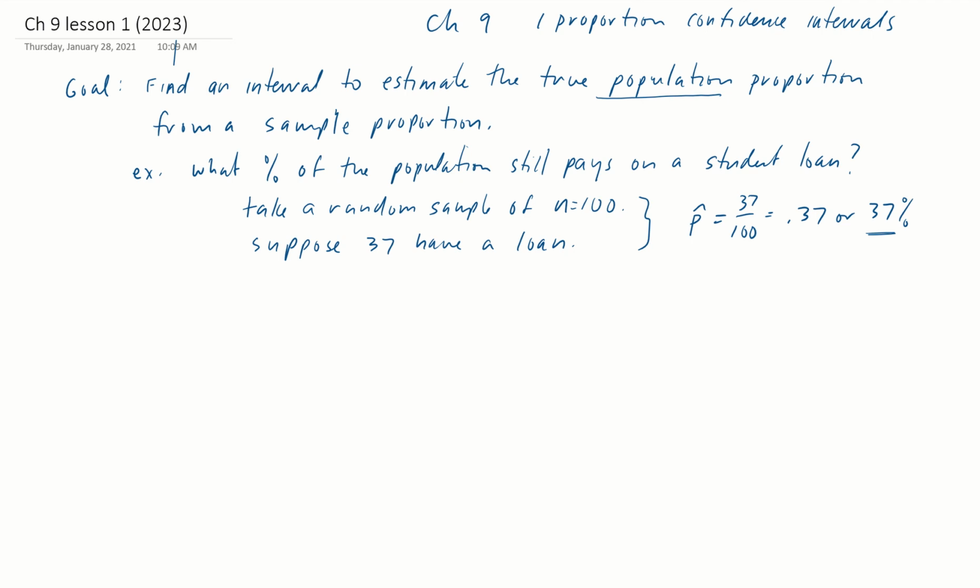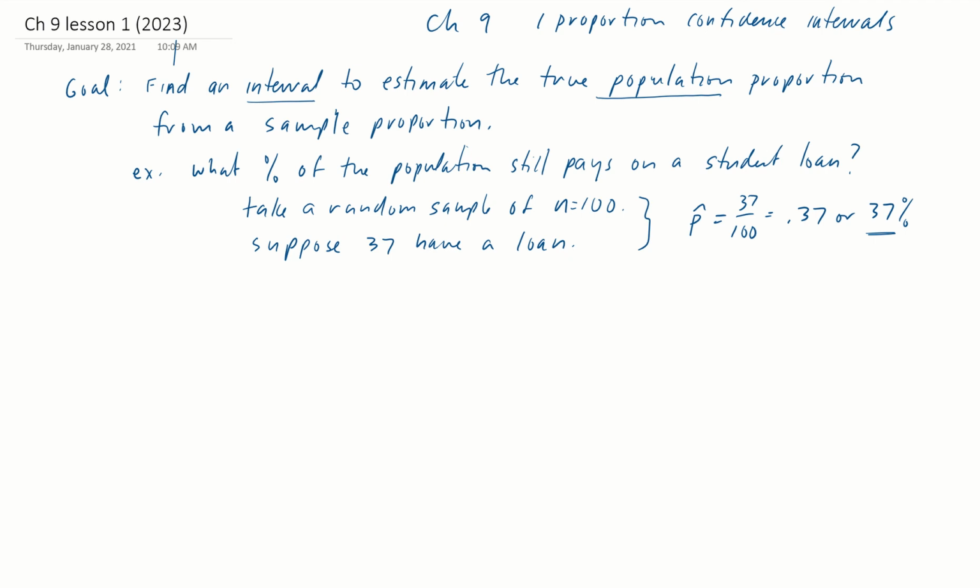But we want to be a little more precise than one number, and so we want to find an interval. An interval is like a range of numbers. I want to say, hey, I think the true population percent is between 35 and 40, and I'm pretty confident of that. That's where we're heading. Question is, how in the world do we figure this out?